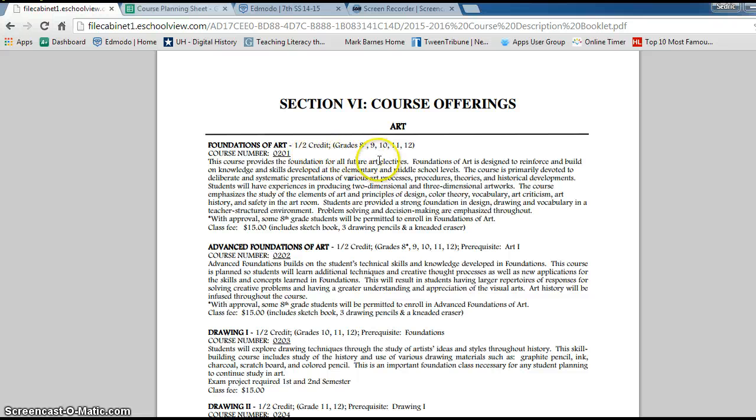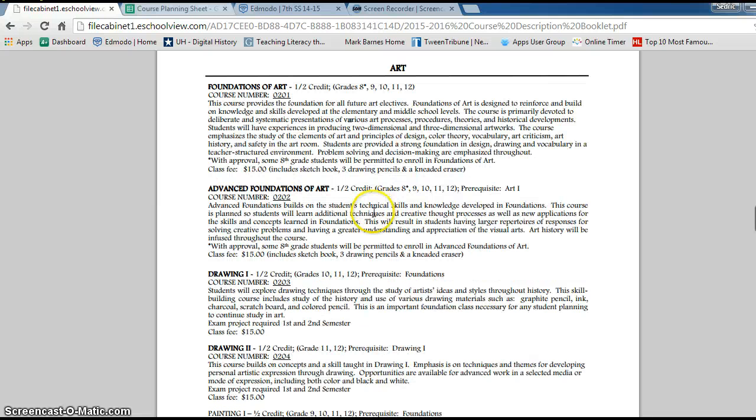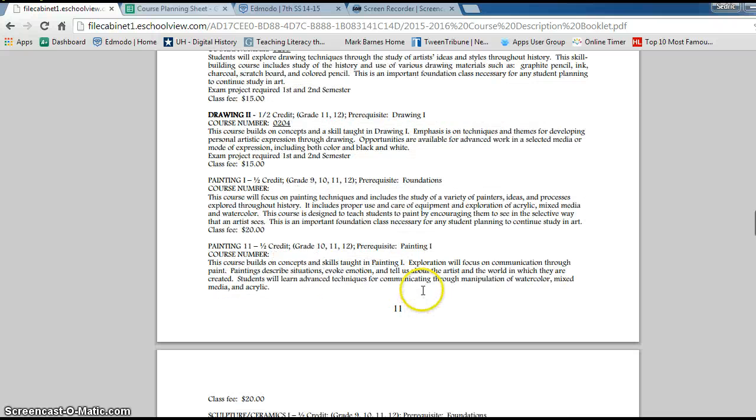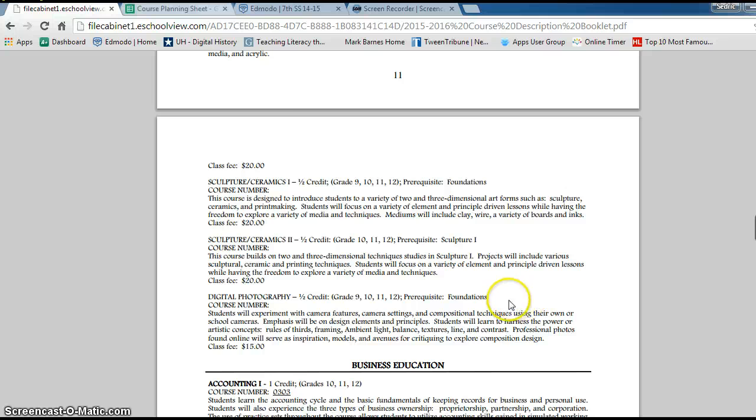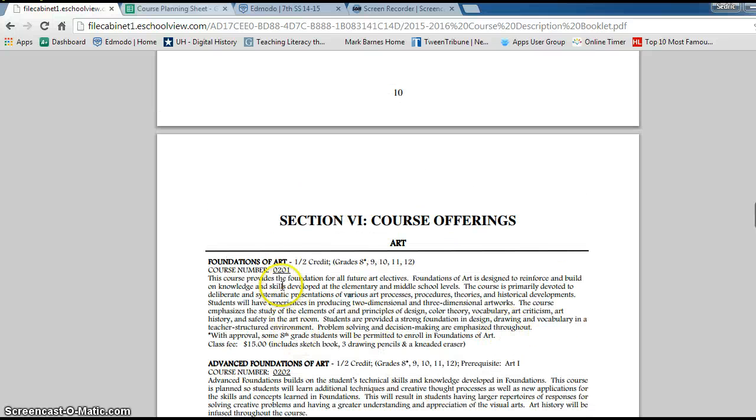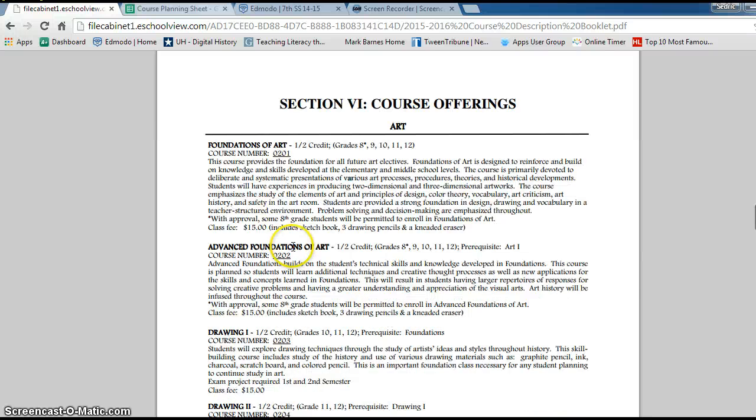It's available to 8th, 9th, 10th, and 11th and 12th graders. But if you look down through, all the prerequisites are going to be foundations, foundations, foundations, foundations. So make sure that if you are looking at taking one of Mr. Nyholm's art classes, the first thing you're scheduling is this Foundations of Art, because before you take this, you're not eligible to take any other art class.